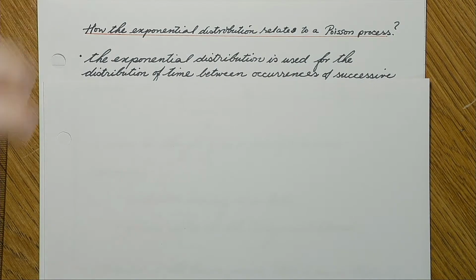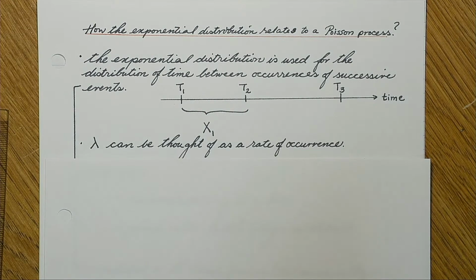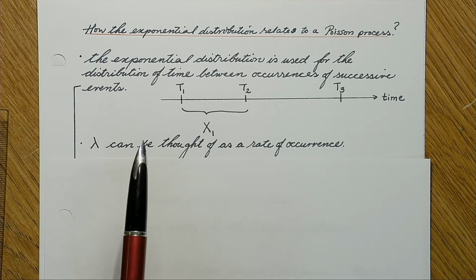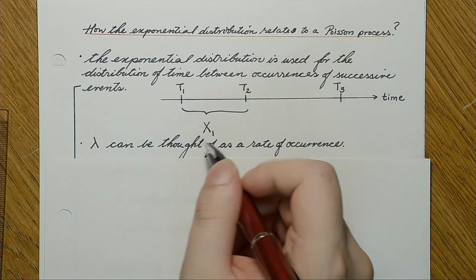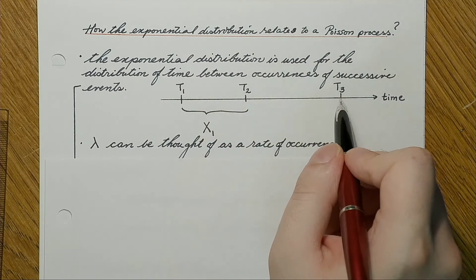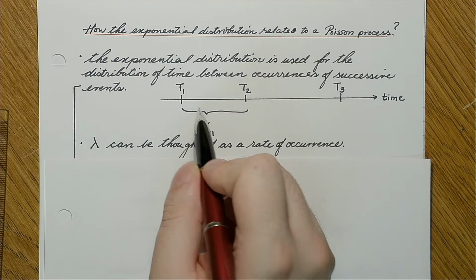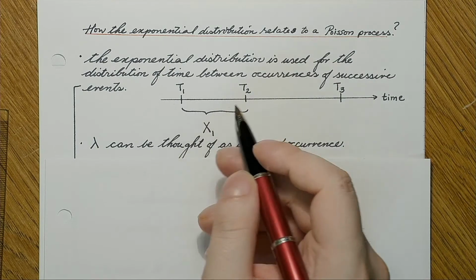What the exponential distribution is used for is the distribution of time between occurrences of successive events. In this case, we would have events occurring, say at T1, T2, T3, and that interval of time is a random variable x, and that would be exponentially distributed.